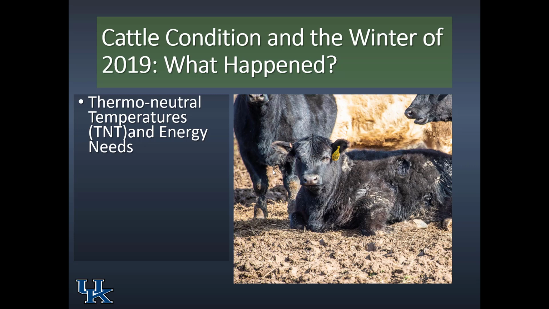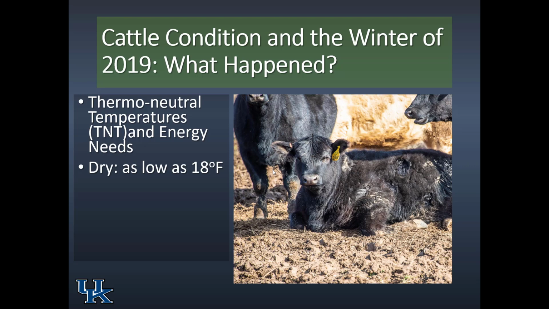And it has to do with something called thermoneutral temperatures and energy needs. Thermoneutral is the temperature at which a cow or any other livestock does not have to expend energy to maintain their body temperature. When a cow has a winter hair coat on and it's sunny and dry, their thermoneutral temperature can be as low as 18 degrees Fahrenheit. 18 degrees Fahrenheit, quite cold.